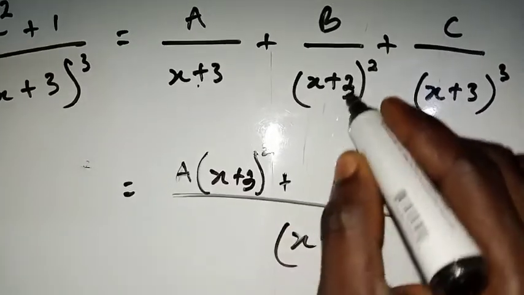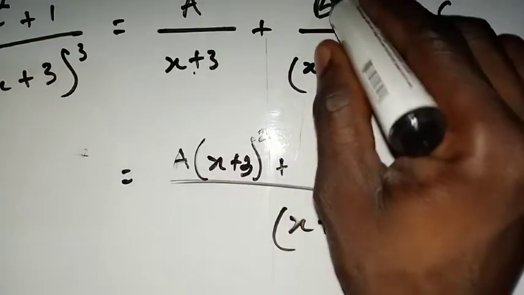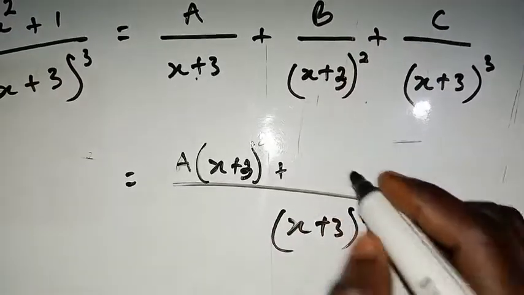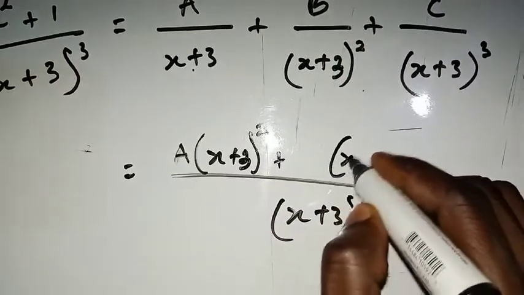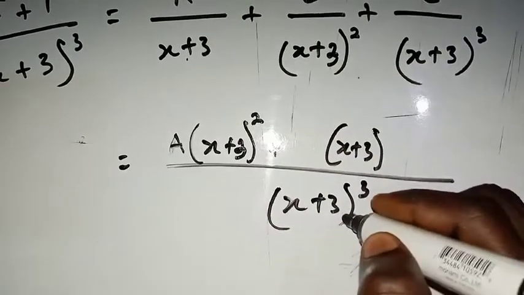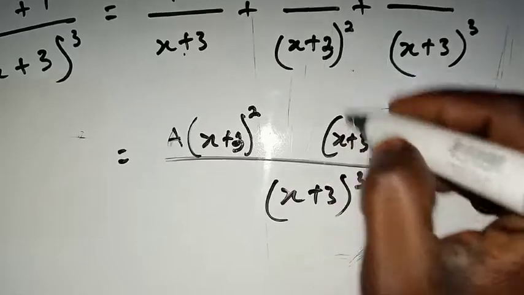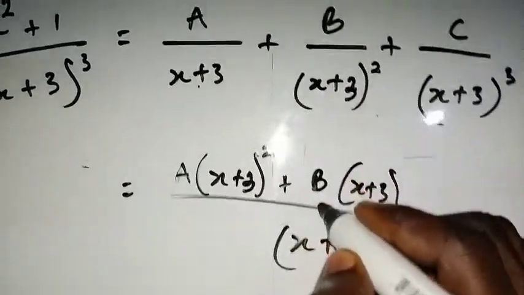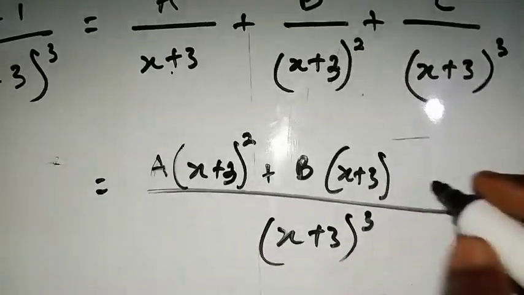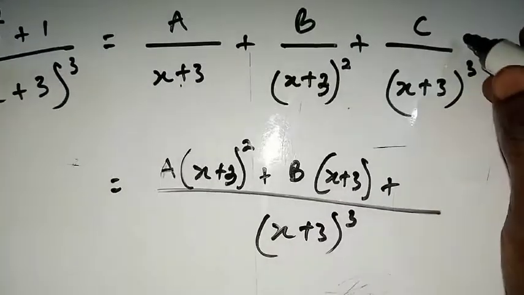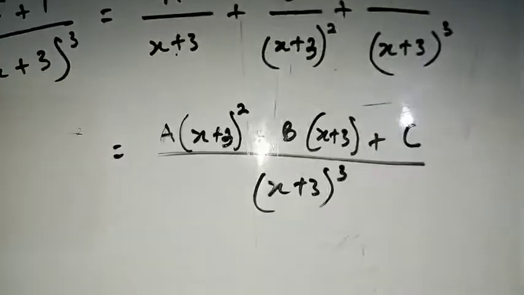This one goes into that, we are left with (s + 3), and then use that answer to multiply the top one, so we have B times (s + 3). And finally this one goes into this with 1, then use the 1 to multiply the C, which is exactly C, right?